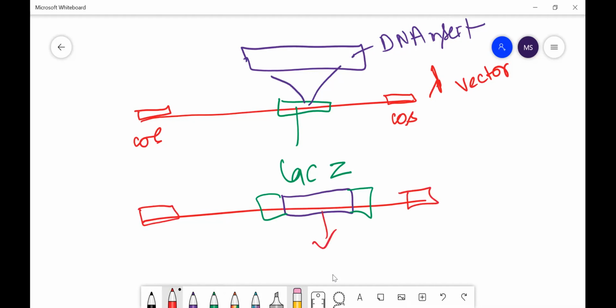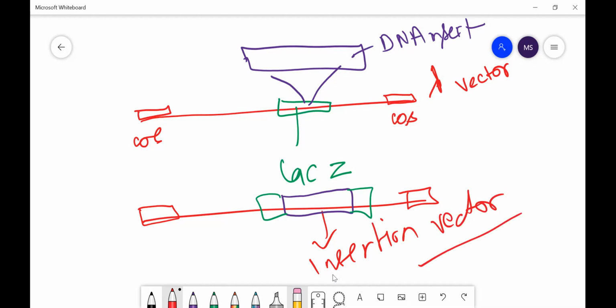So this is your insertion vector. So basically two types of vectors are found: one is the insertion vector and another one is the replacement vector. Both kinds of vectors can be made from the bacteriophage DNA.